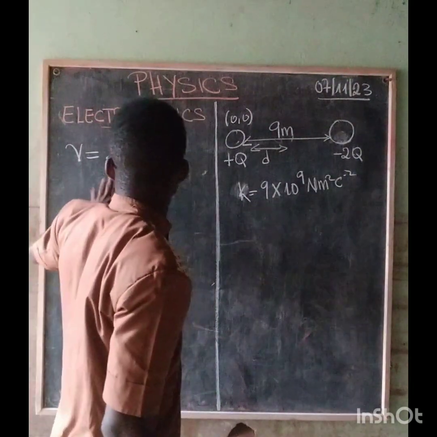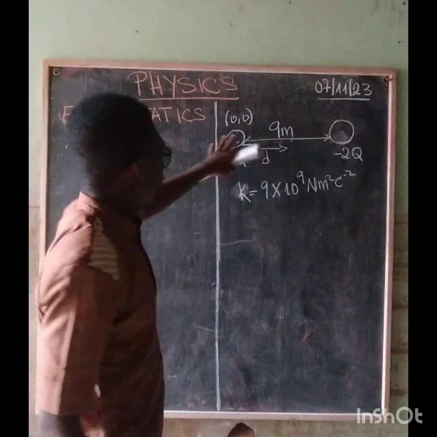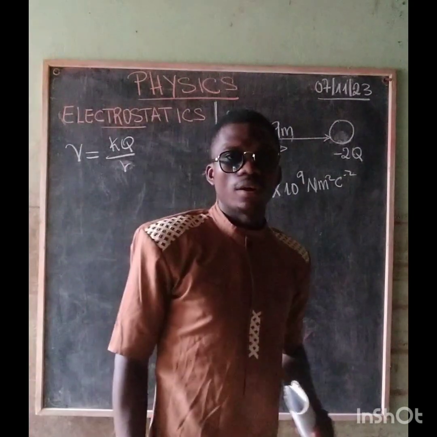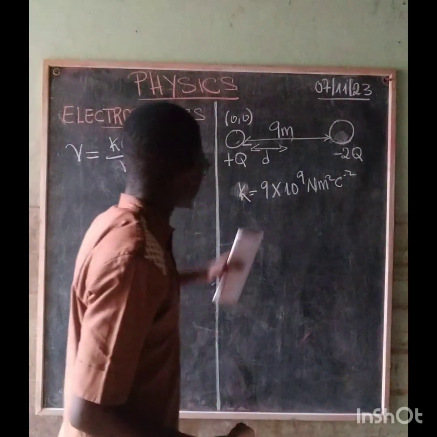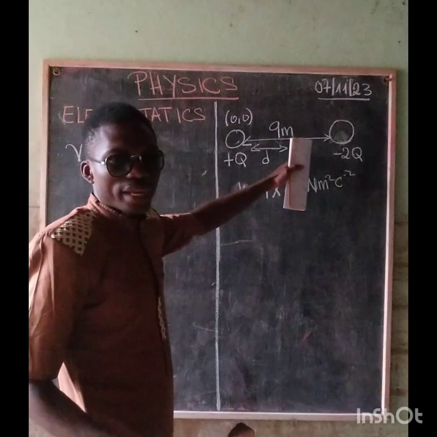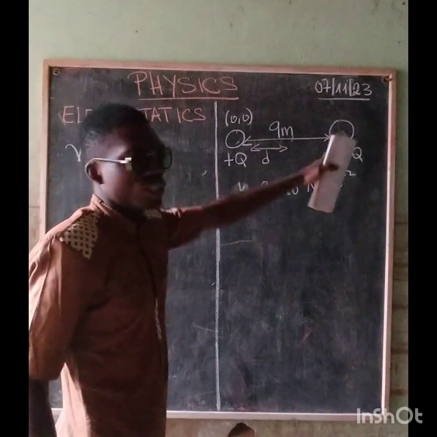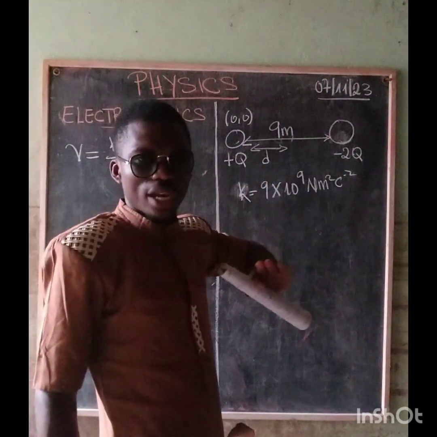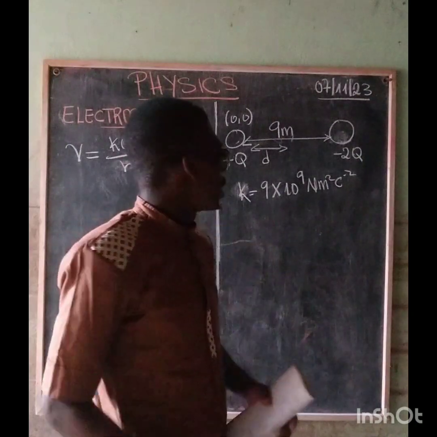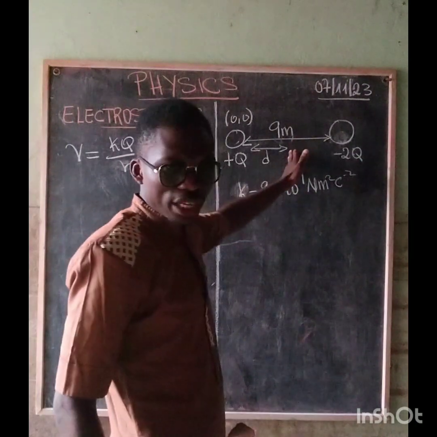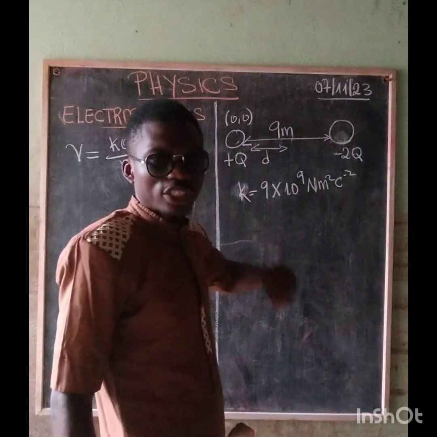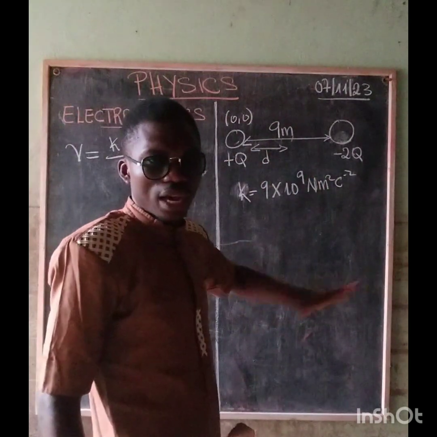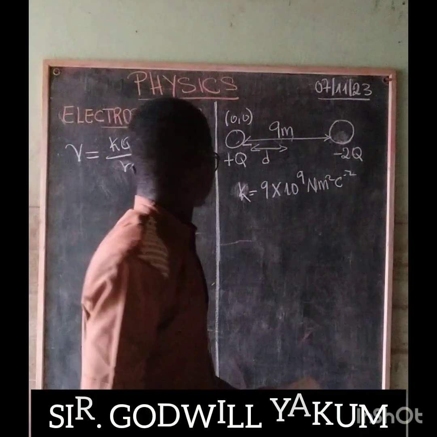We are going to apply this formula to find the position in between the two charges where the electric potential due to both charges will cancel out each other.